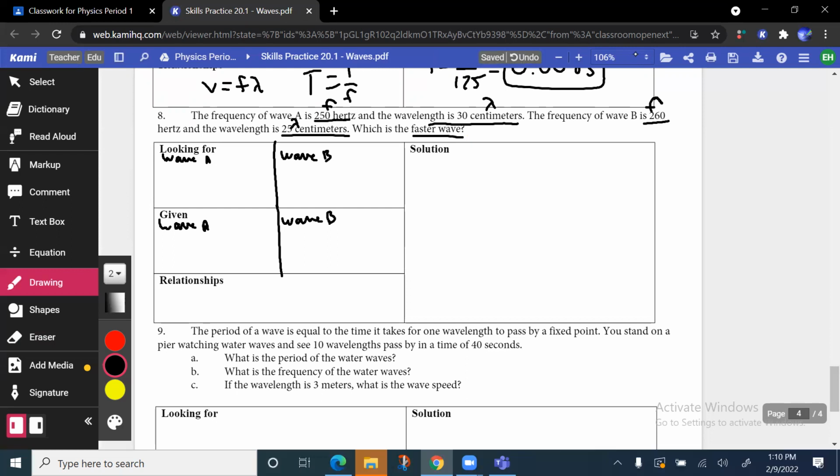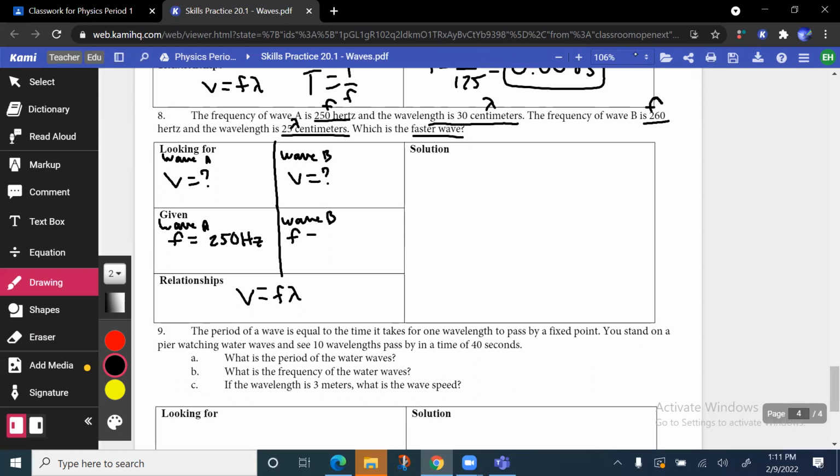Now, to find out which wave is faster, you need to calculate the wave speed, but you need to do it for both waves. We are given wave A has a frequency of 250 hertz.